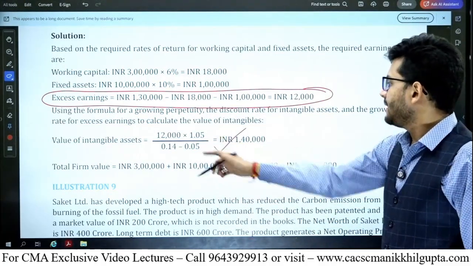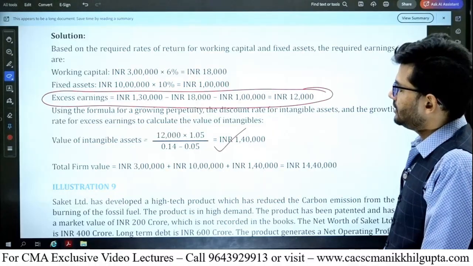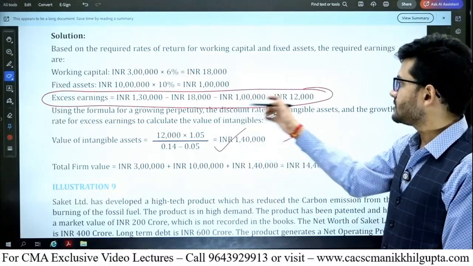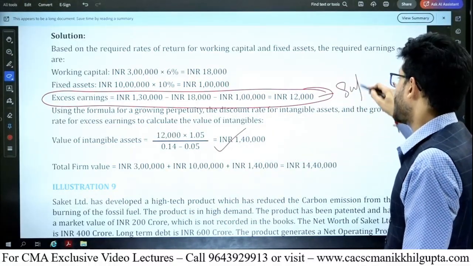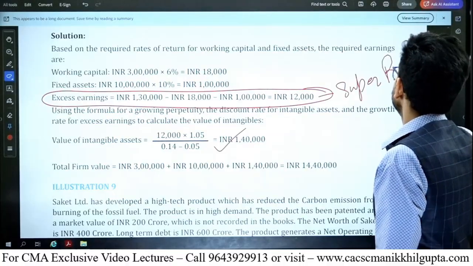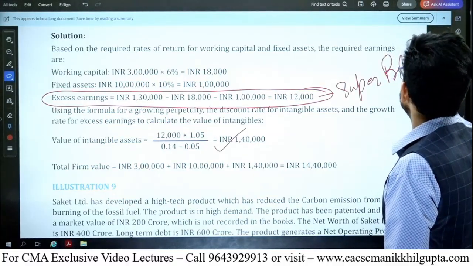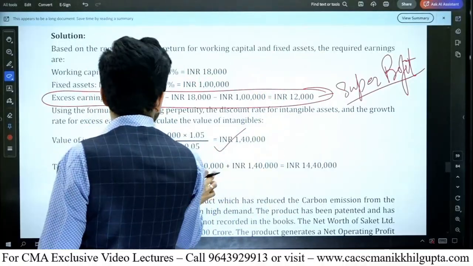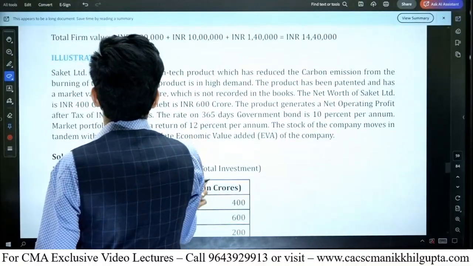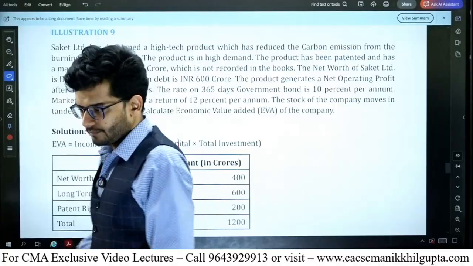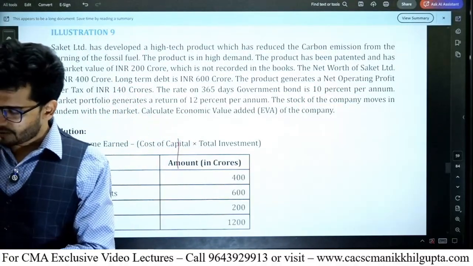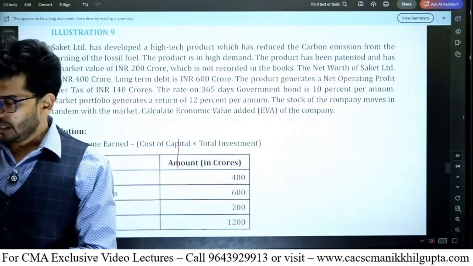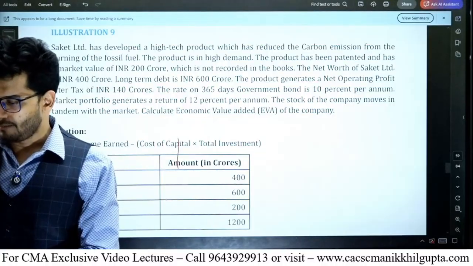Growth rate is 5% and the intangibles rate is 14%. 12,000 is the super profit. This is the super profit which is attributable to the intangibles. Super profit means that something which is not given in our fixed assets and working capital is having a role to play, which is intangibles. Okay, simple, straightforward, easy calculation, guys. Just that sometimes the words which are used are a little complex.